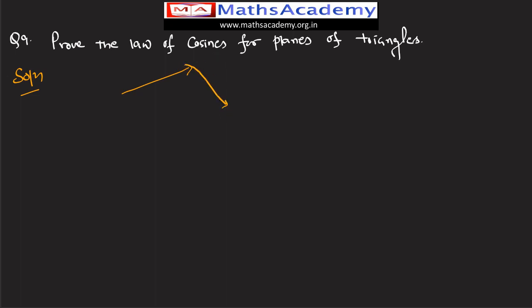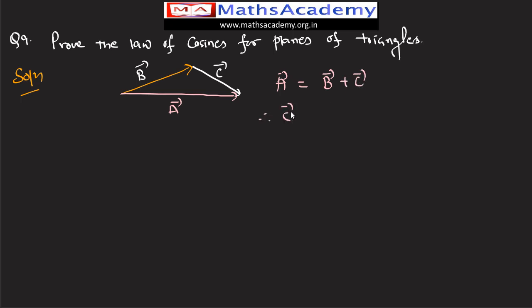So this is my one vector, that is B vector, and here I am taking this as C vector. Now this vector, the resultant, I am calling A vector. So A vector I can write as B vector plus C vector. So from here I am calculating C vector as A vector minus B vector.